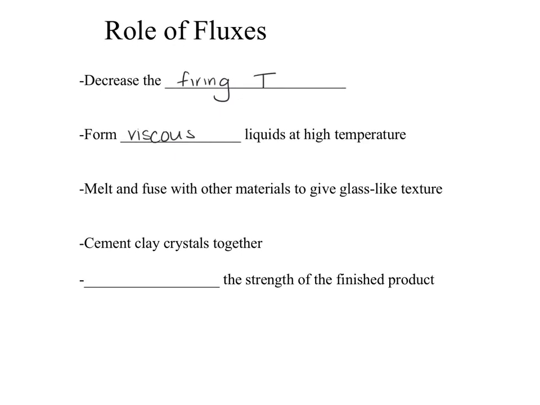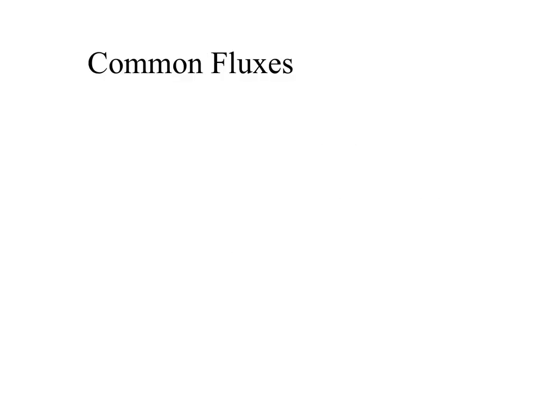And so that's going to cement those clay crystals together, and then it increases the strength of that fired finished product. Now, common fluxes that people run into are things like alkaline earth metal oxides.